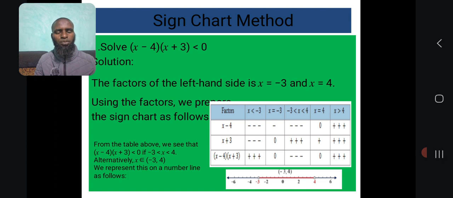Since the inequality is less than 0, we have to search for the negative part of the product. The negative is found where? In between minus 3 and 4, the column of minus 3 and 4. Therefore, that will be the solution, which means minus 3 less than x less than 4 is our solution.